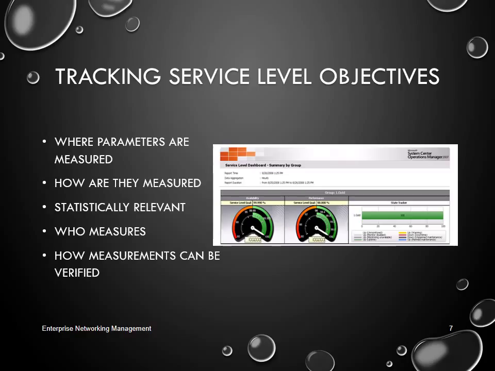Also remember to specify who measures and how measurements can be verified, because service level objectives are measurements to ensure that you are meeting defined service level commitments. In Operations Manager, you define a service level objective and the set of monitors that you need to track, such as performance or availability, and then run reports against that service level objective to ensure that you are meeting your goals.